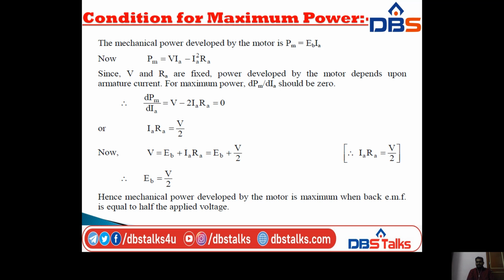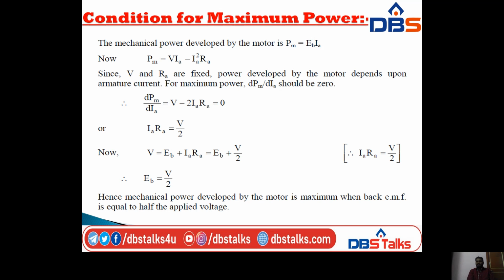Here, since V and Ra are fixed, that is supply voltage and armature resistance are fixed, the power developed by the motor depends upon armature current. So for maximum power, I am differentiating the mechanical power with respect to armature current, that is dPm/dIa, and it should be 0.